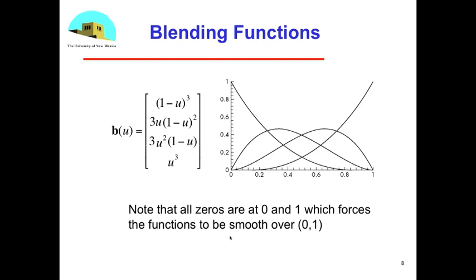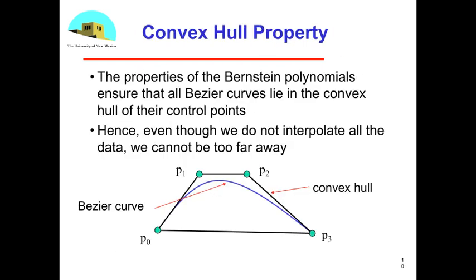So that says that if it has to be inside the convex hull, then I know, even though it only interpolates P0 and P3, it has to be close to P1 and P2. It can't get outside of this box over here, and that's a very valuable thing to have about curves.